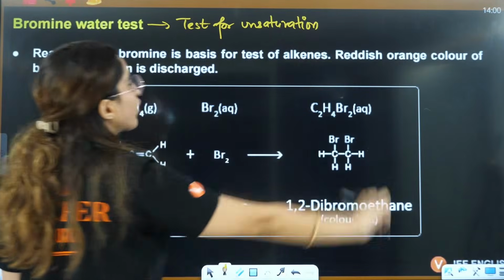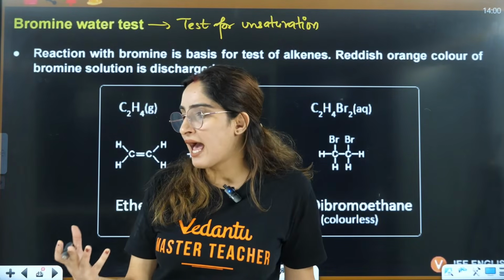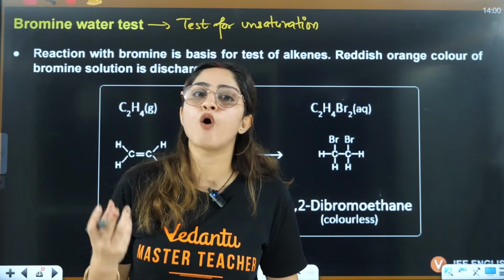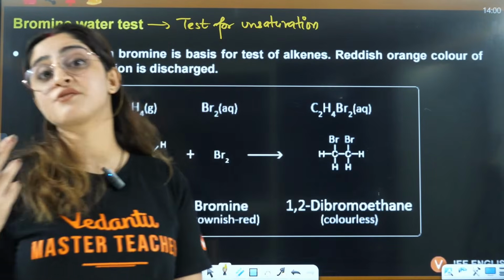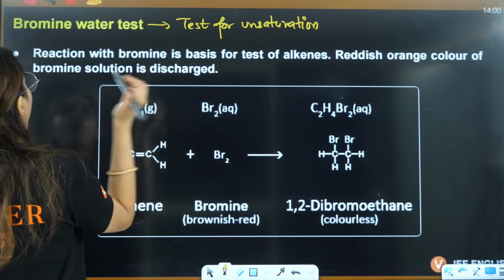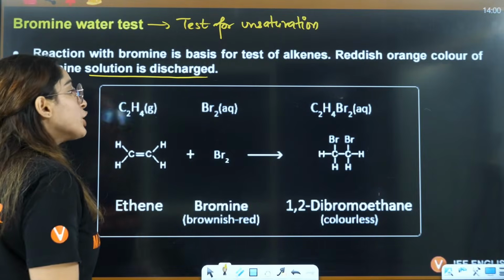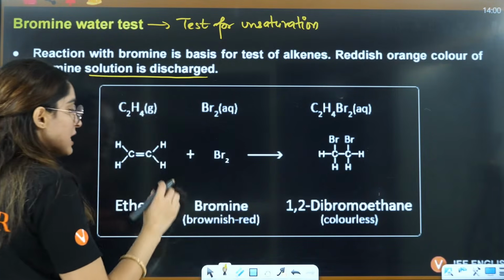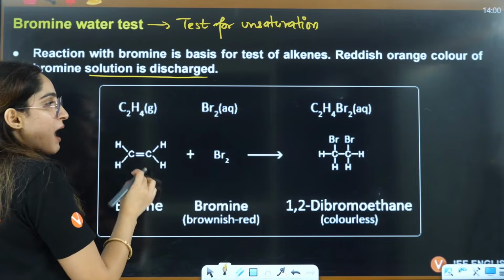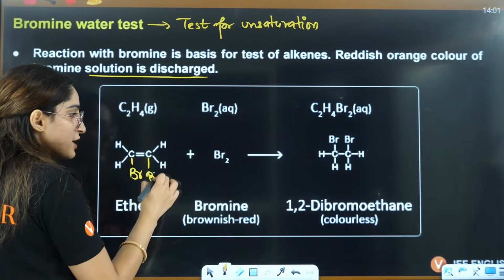Can you tell me what is the color of bromine water? Bromine water has brownish, reddish brown vapors. It exists as reddish brown vapors. Reddish orange color of bromine solution is discharged. For example, you have alkene, you add bromine, then this particular part will be discharged because Br and Br will be attached here.